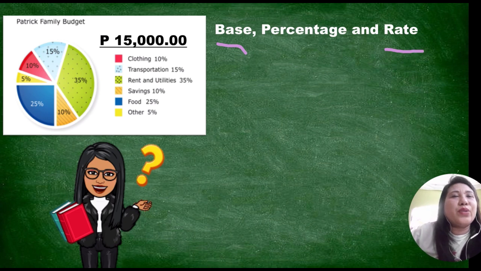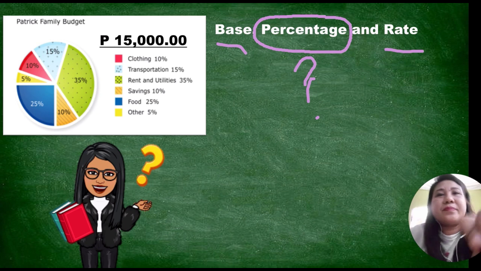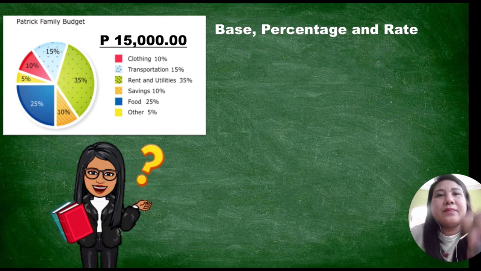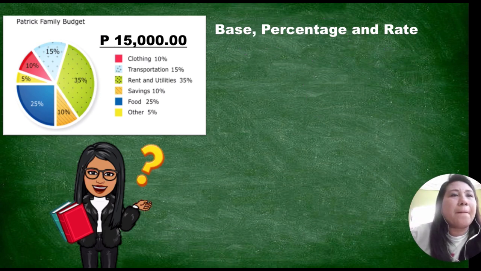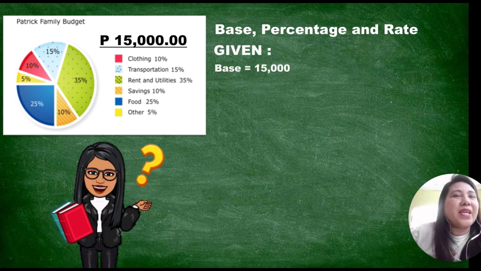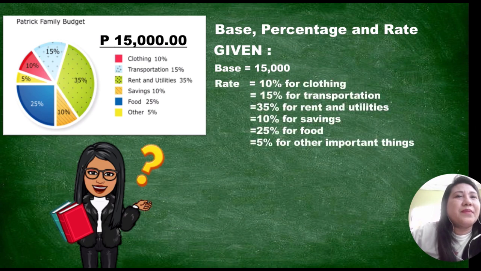So we are going to look for percentage. Base is equal to 15,000. Those are the rates for clothing, transportation, rent and utilities, savings, food, and other important things.